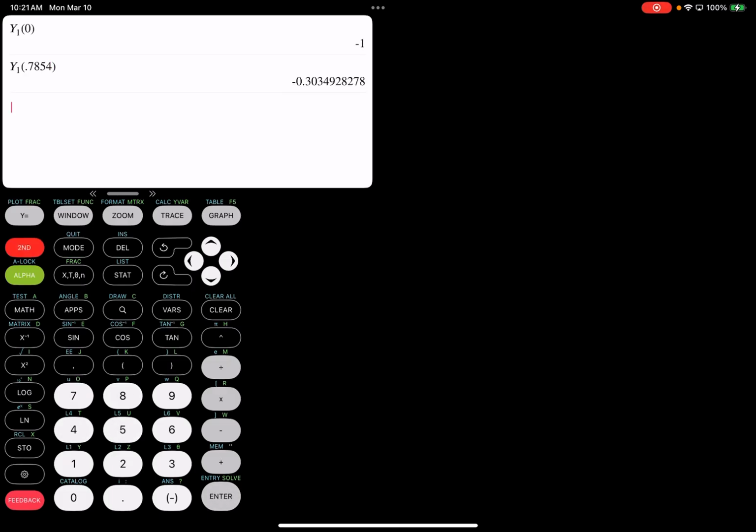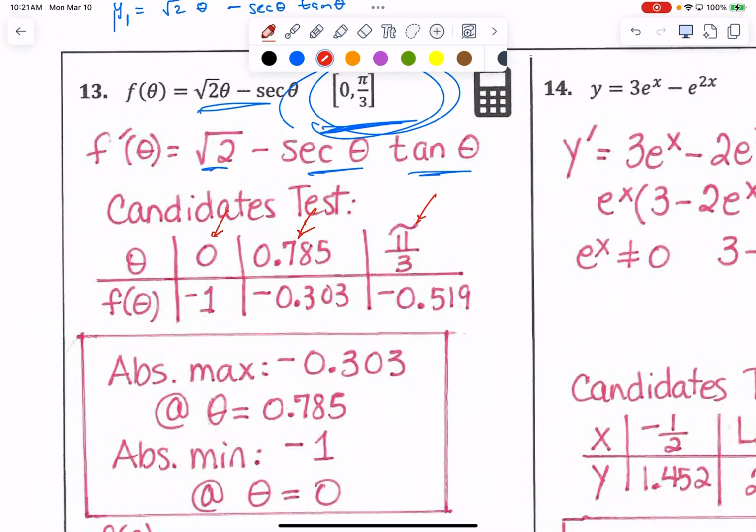And then press second enter again, and then I can change it to pi over 3, which was the other endpoint. Okay, is that okay? All right. So that works pretty slick. Whatever you want to do, whatever floats your boat.